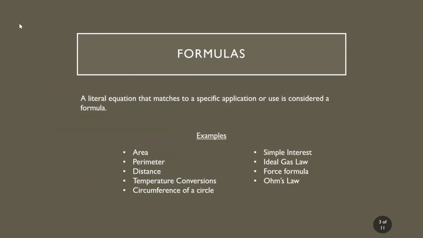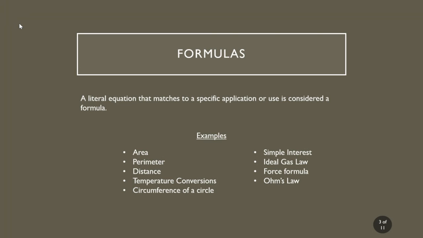These connect to formulas because most formulas that we have are literal equations. What makes something a formula is that it has a specific use or application. Not every equation is a formula, but every formula is an equation.